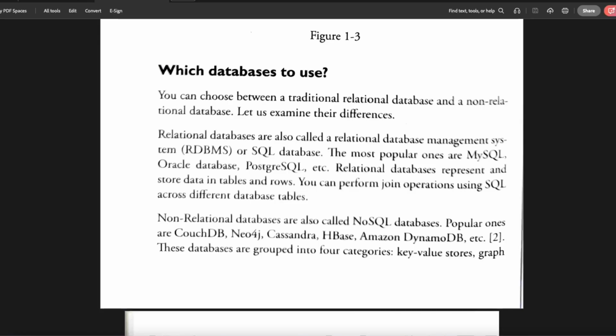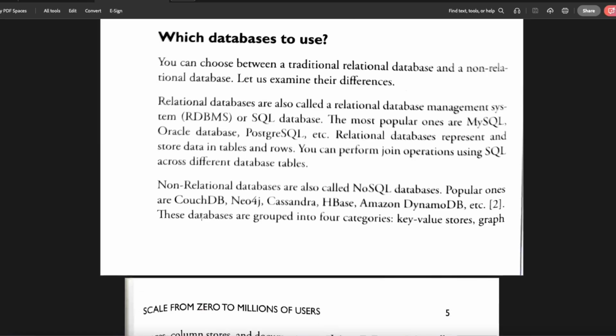And the second type is non-relational databases, also known as NoSQL. The popular ones are CouchDB, Neo4j, Cassandra, and DynamoDB.